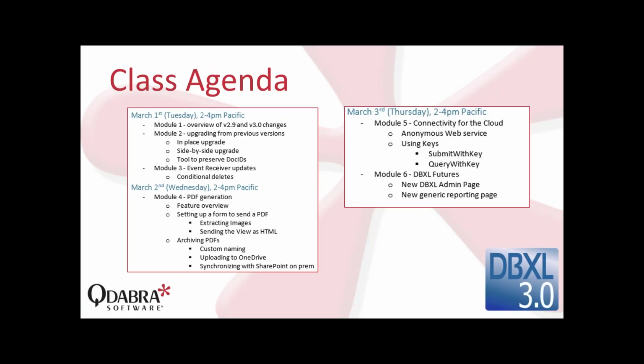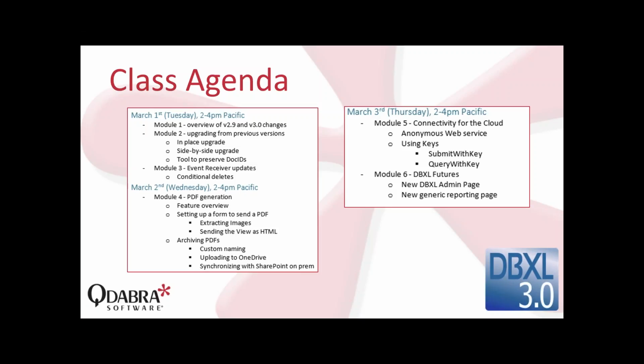This is one of the key new features in DBXL. We're going to walk through configuring a document type to generate a PDF, extract attachments from it, and synchronize the PDFs with OneDrive and SharePoint.